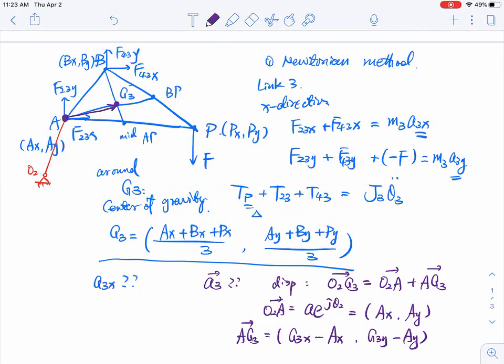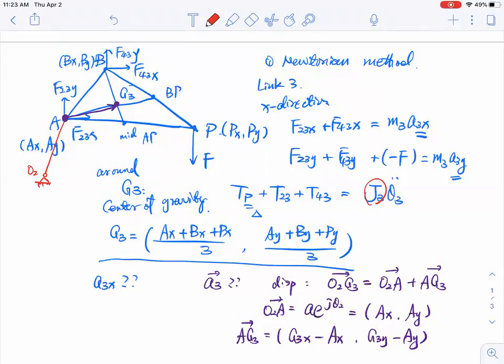And then once you find this vector, you just calculate two time derivatives. And then the x component is your A3x, y component is your A3y. The next tricky thing is how to find your J3. I'm not sure if I gave you these equations in lecture 14. Again, you can do this in MATLAB.